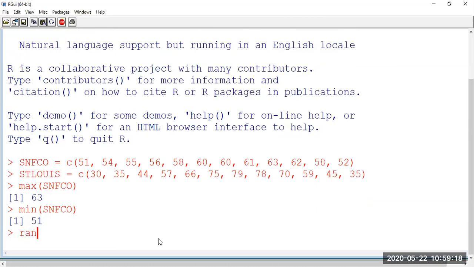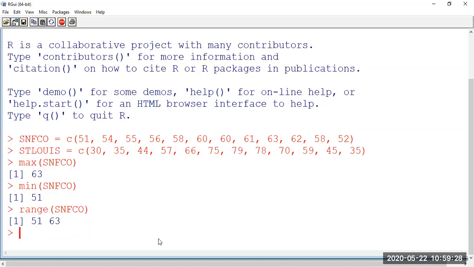And the range, you can just find the range just for you to see how R computes those values. It's giving you just the minimum and the maximum, so you need to compute the difference by yourself. So for St. Louis, instead of typing maximum and minimum, you can just type range of St. Louis.